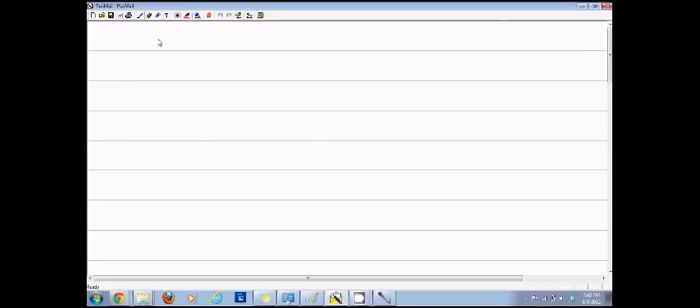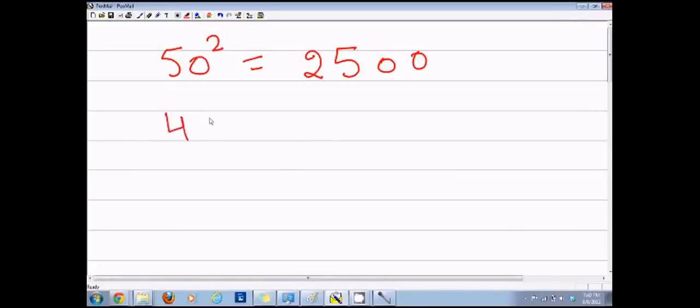For example, let's start with 50 itself. If I have 50 and I want to square it, I will just write 2500. Now if I want to take the square of 49, then all I will do is subtract 1 from 25, because 49 is 1 less than 50, so I will say 24, and then write the square of 1, which is 1.